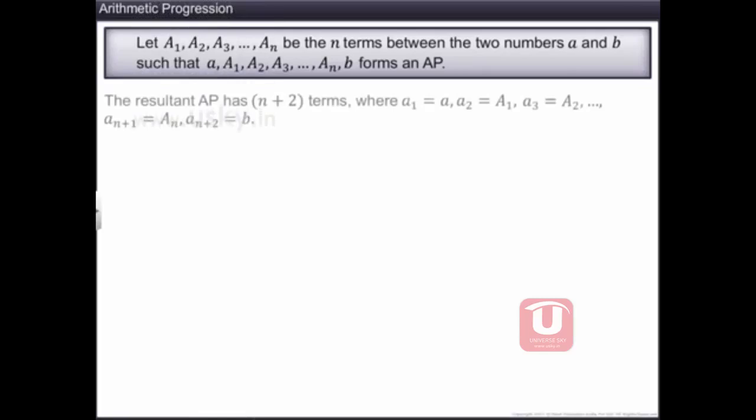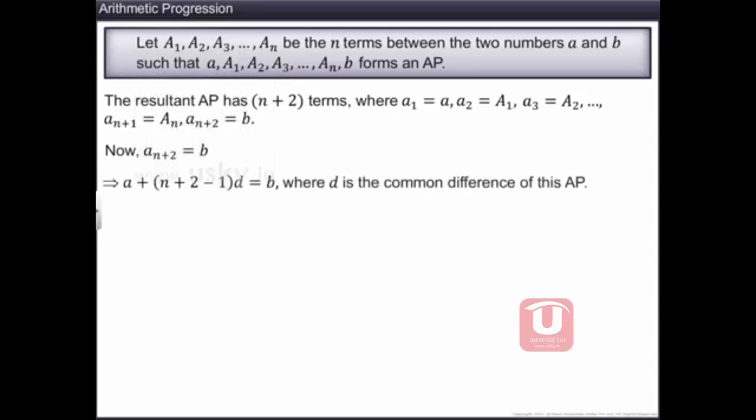This resulting arithmetic progression has n plus 2 terms, where a is the first term and b is the (n plus 2)th term. Now, the (n plus 2)th term is b. This implies a plus (n plus 2 minus 1) into d is equal to b.